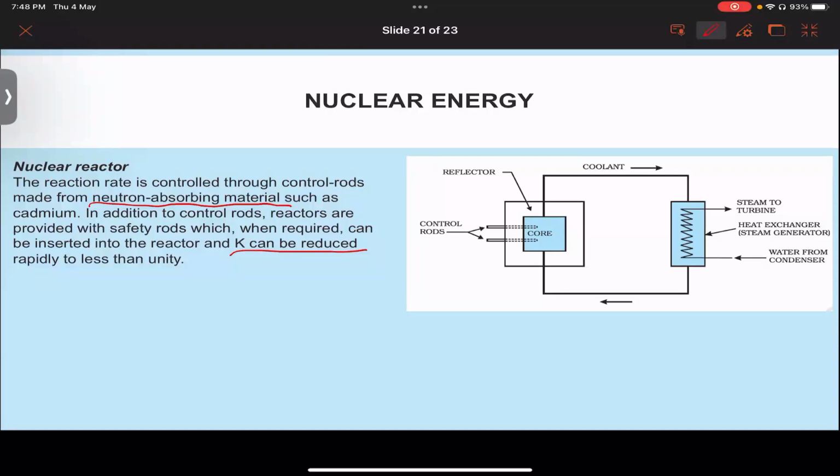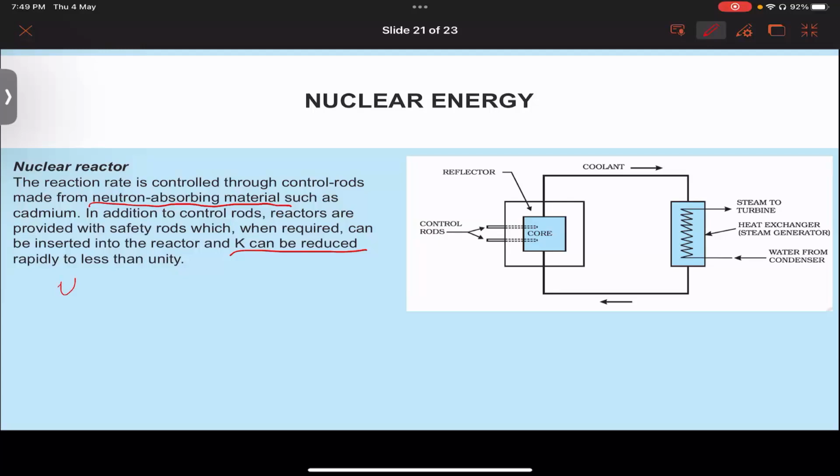If the number of neutrons is increasing at a very high rate, you can just put these safety rods into the reactor chamber and they absorb the neutrons.